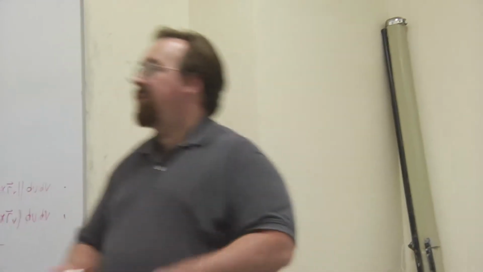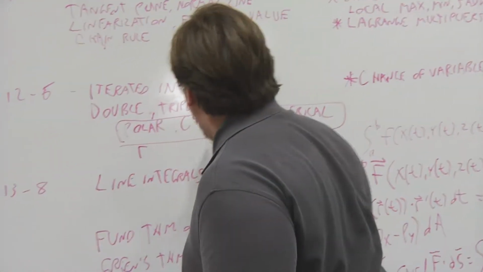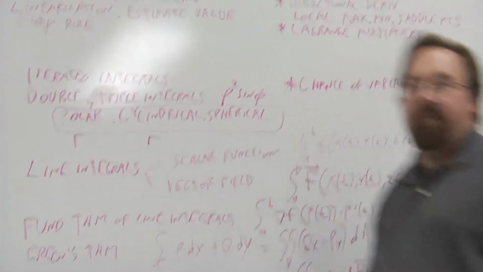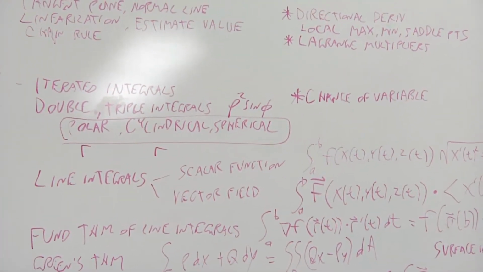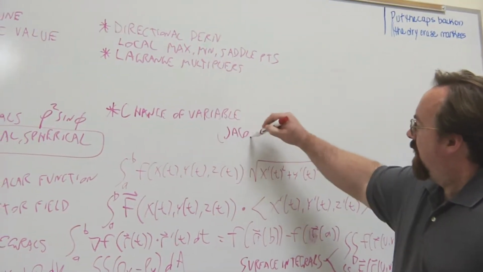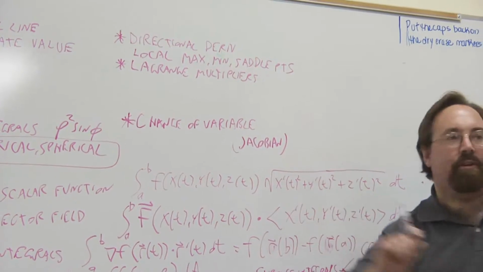Polar, cylindrical, spherical. So like cylindrical, you add the r, and so forth. So you have r squared sine phi. Formula for a Jacobian.